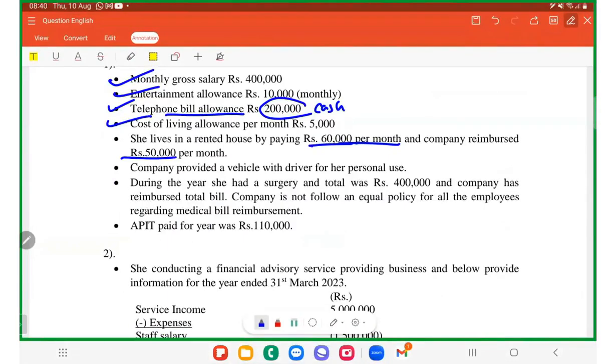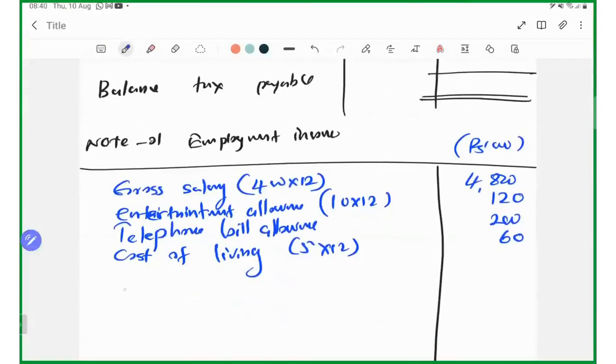I told you, when the company reimburses such rent, the benefit should be the reimbursed value, not the value paid by the employee. Here the employer reimbursed 50,000 per month for the housing rent, so 50 into 12, not 60. Don't misunderstand, it's the reimbursed value. So it's 600,000.